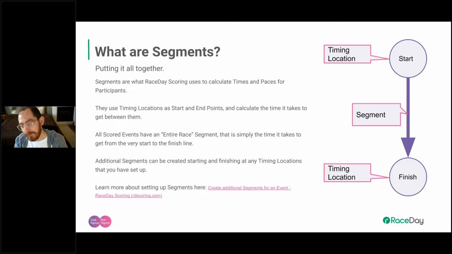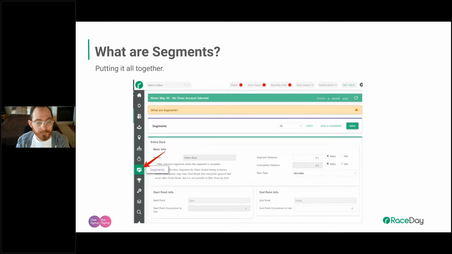And then you could have another one that is, what is the time it took between the checkpoint and the finish? Those segments could be first half and second half. If you were doing a 10K, it might be first 5K and second 5K. You can create anything you want here, and we have a guide on setting those up at the bottom. So that's in this segments area.